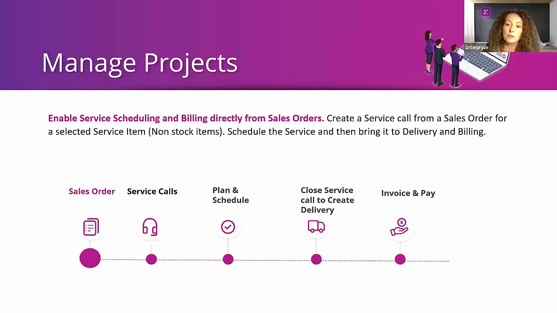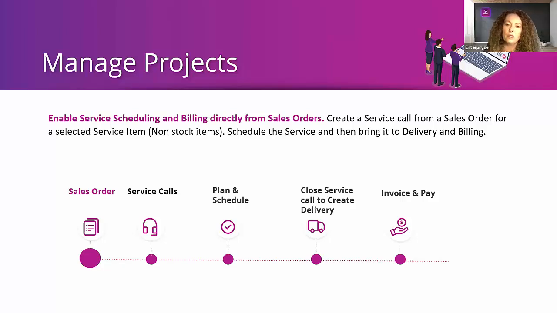The great thing here is we've actually linked this in with your sales order processing. So where this starts from really is the sales order. You take a sales order, you take a service item. So this is where you have a non-stock item, and you can assign that non-stock item as a service call related item for the purpose of the project's function.